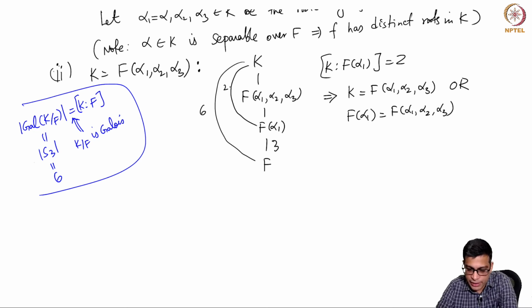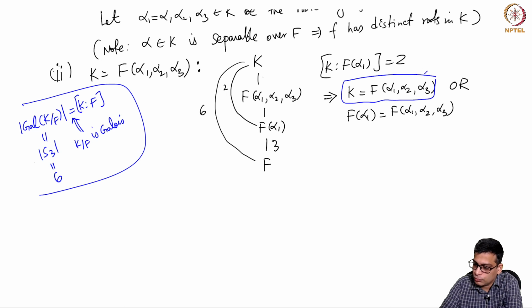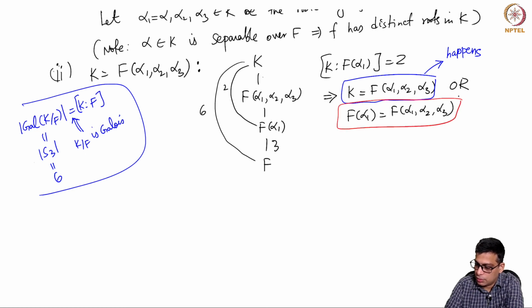Because this is a degree 2 extension, these two numbers multiply to 2, that means you can either have this is 2, this is 1, in which case this happens, or this is 2 and this is 1, in which case this happens. So we are trying to show that this happens and that this doesn't happen. And we are done now, right?